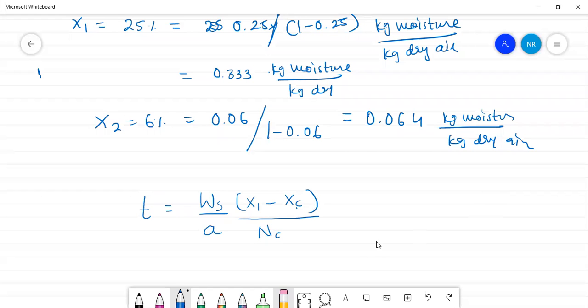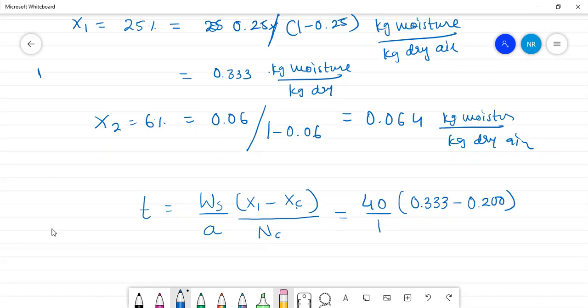Now Ws divided by A we have 40 divided by 1. X1 is 0.33, 25%. Up to the constant rate period is 0.200.